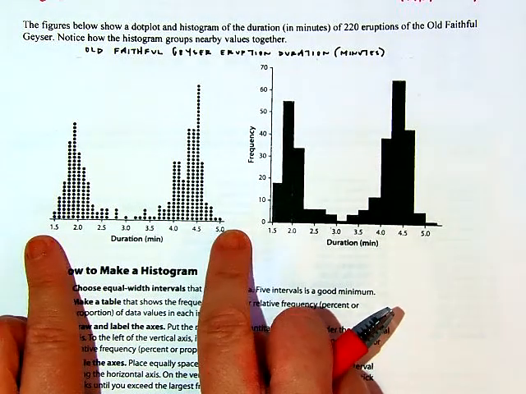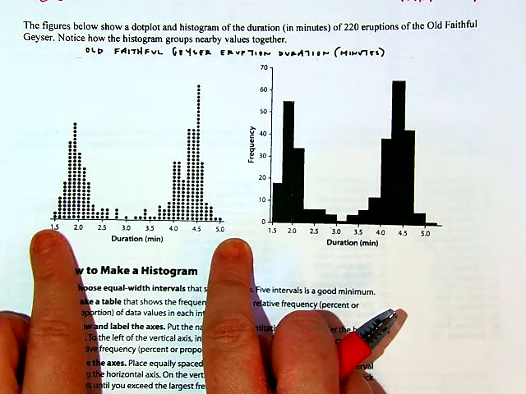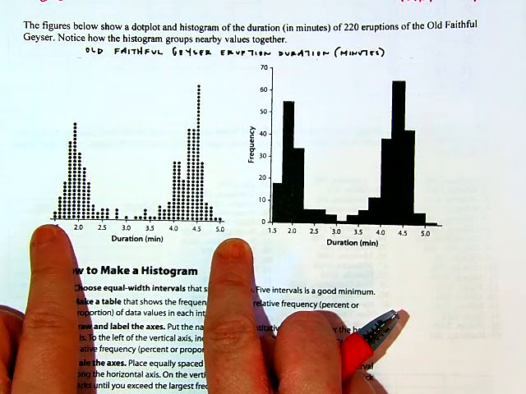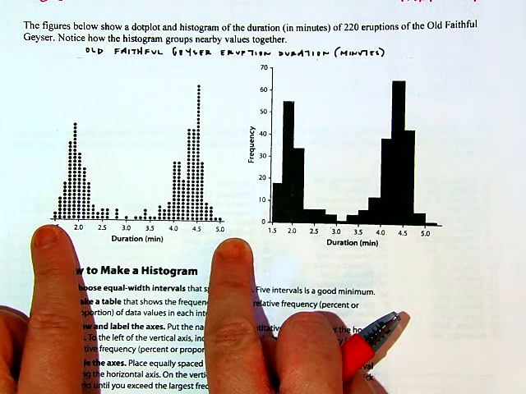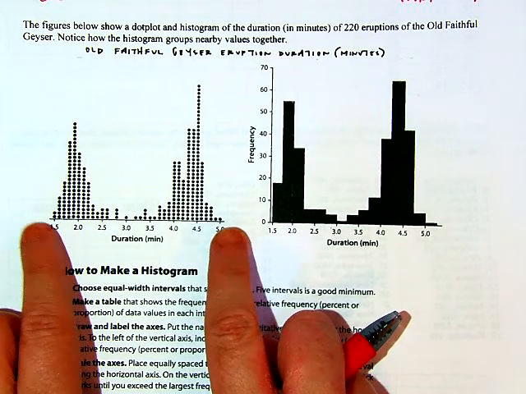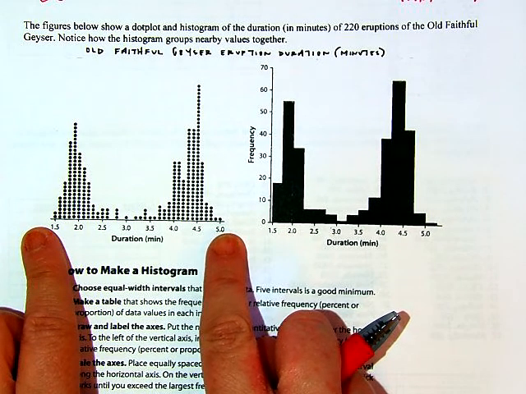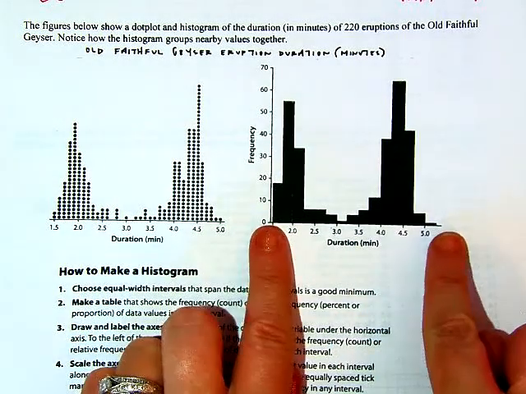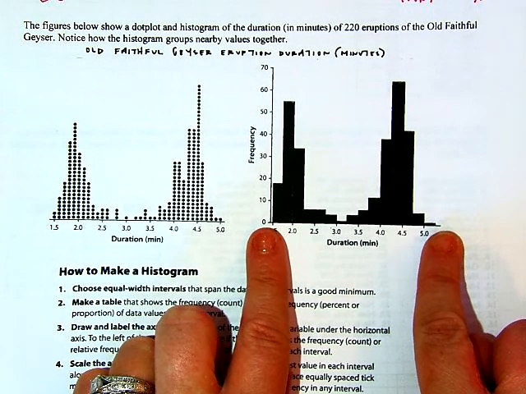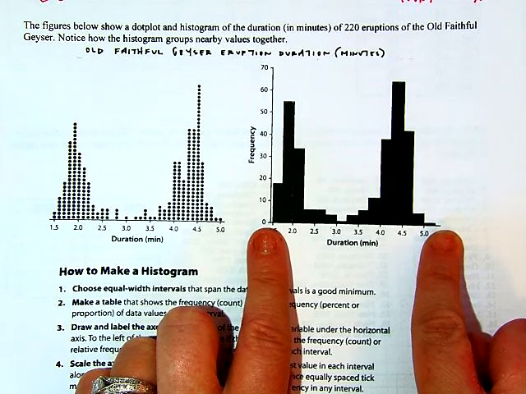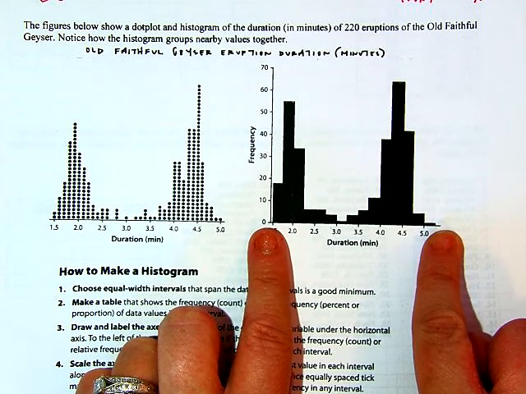With the dot plot, what's appealing is that I can see all of those individual data points. But that's 220. I don't want to plot 220 values. So I'd rather group them together in classes and look at it like this as a histogram. So histograms are appealing for large sets of data.